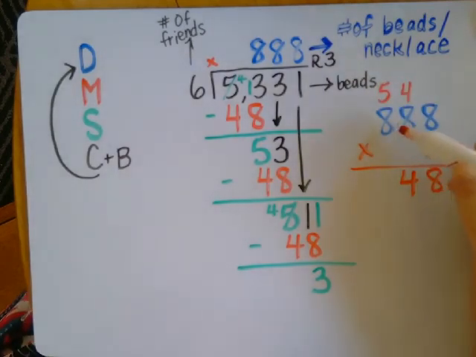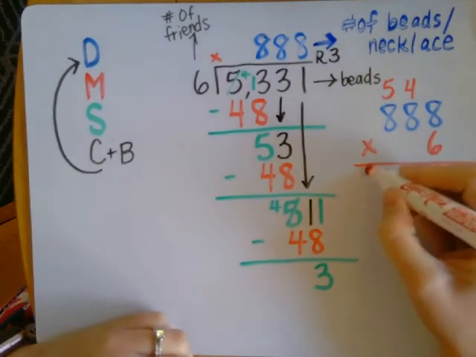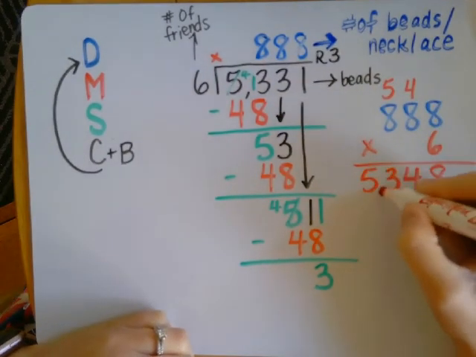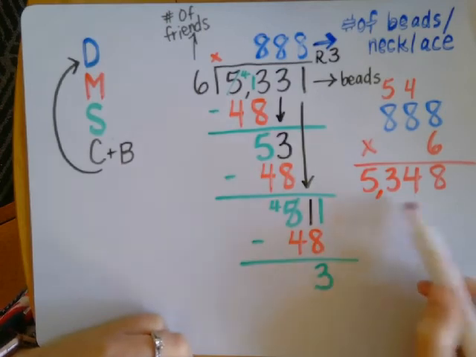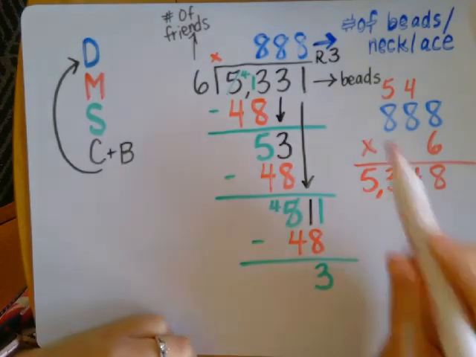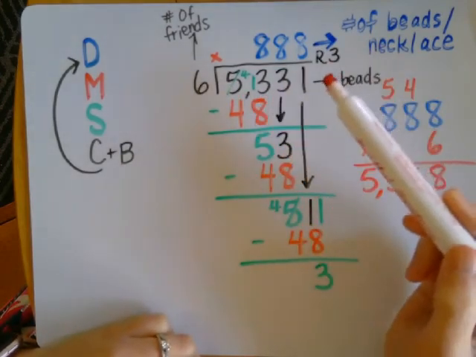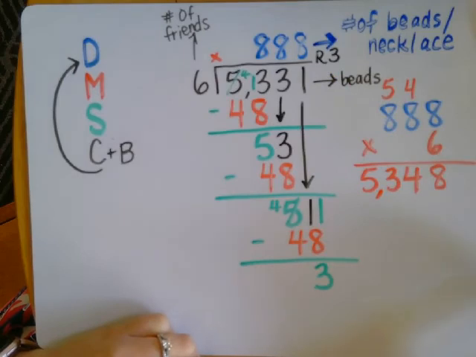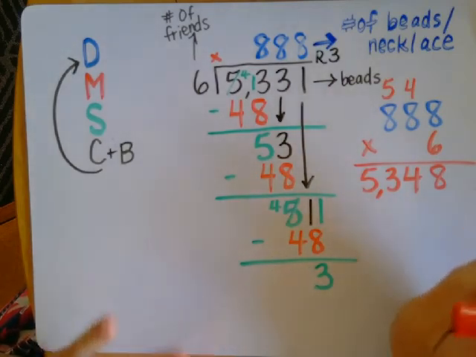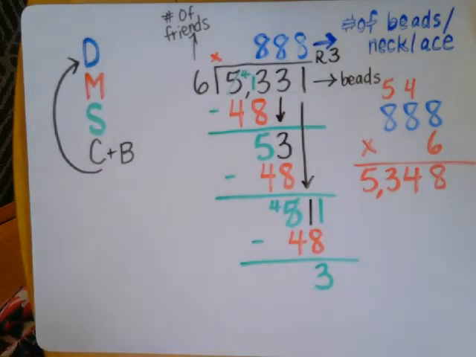Six times 8 is 48, plus 5 more is 53. So I have 5,348, and I started with 5,331. Another learning experience for me because I made a mistake.